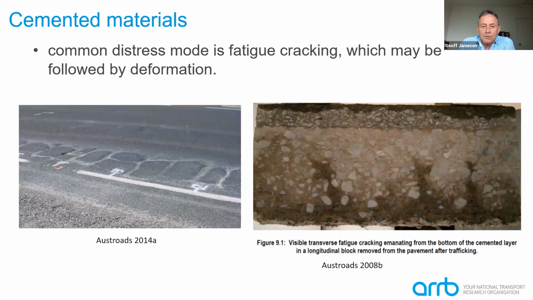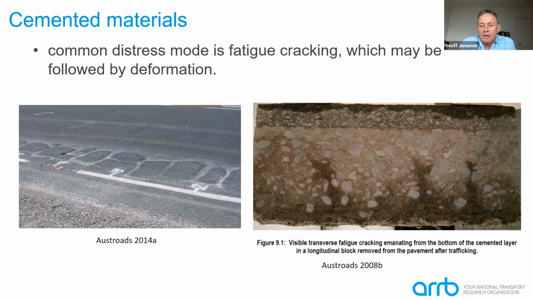So in terms of distress modes, the one that we design for is fatigue cracking. On the left-hand side, the photograph shows an example of block cracking that you might have for a very thick layer of cemented material. Initially, you might have some transverse shrinkage cracking. Eventually, that might then lead to a longitudinal load-induced crack, and that leads subsequently to these blocks, like shown in this photograph here.